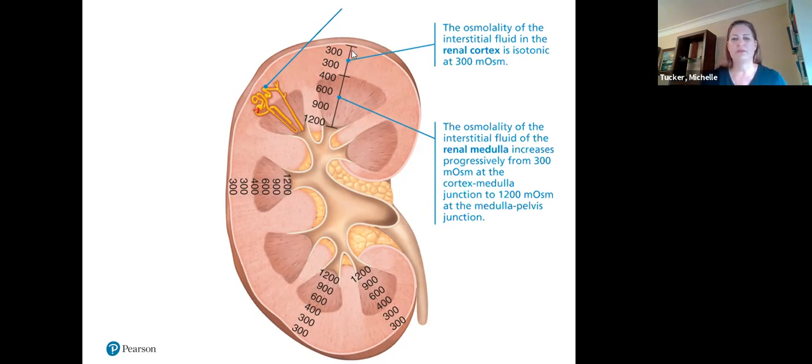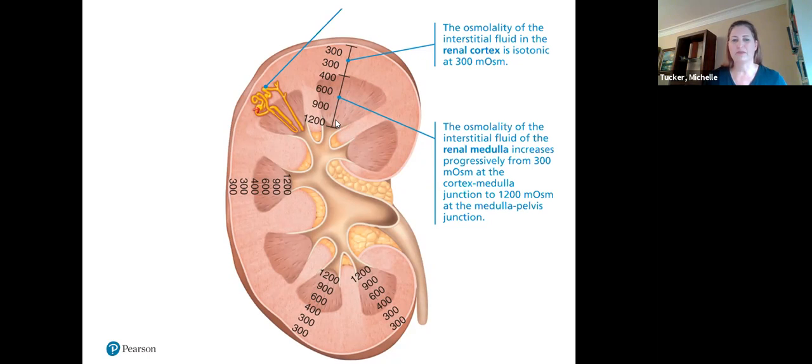As the filtrate progresses down, the interstitial fluid of the medulla, of these medullary pyramids, is going to increase from 300 to 400 to 500 to 600, all the way down to 1200 milliosmoles. So the salt concentration increases as we progress down from the cortex into the medulla.